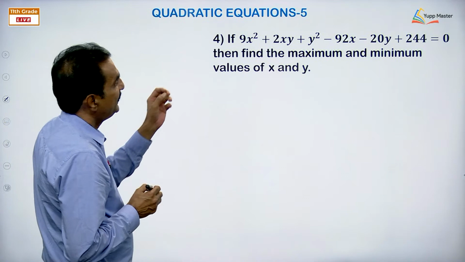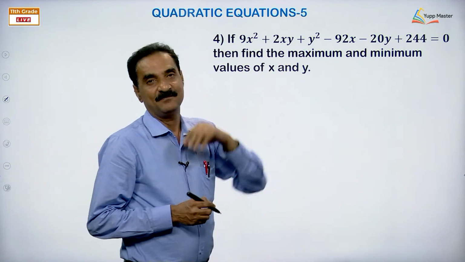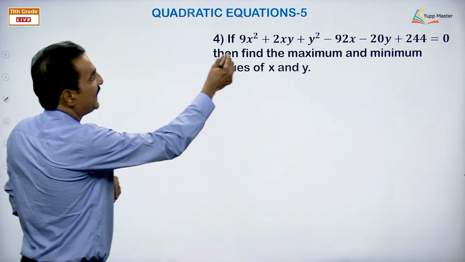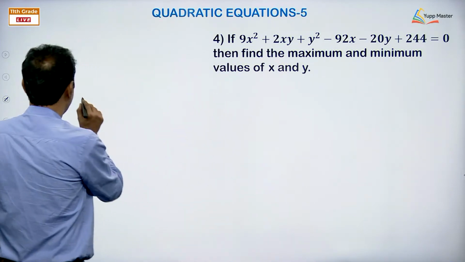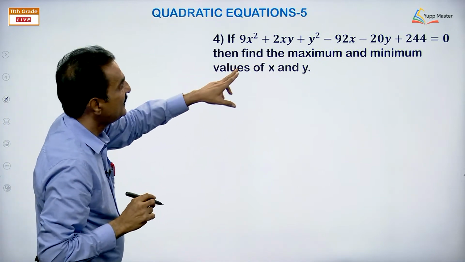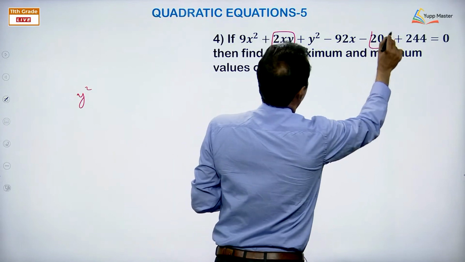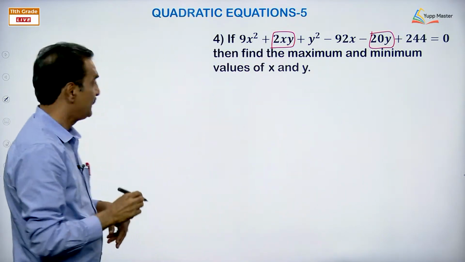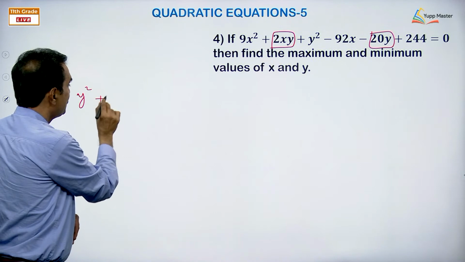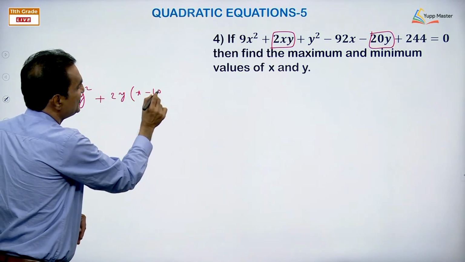Now, we can write this as a quadratic equation in y. Write the y square term first. Only one y square term is there. Next, from this and this, you can take 2y common and write it as 2y into x minus 10.